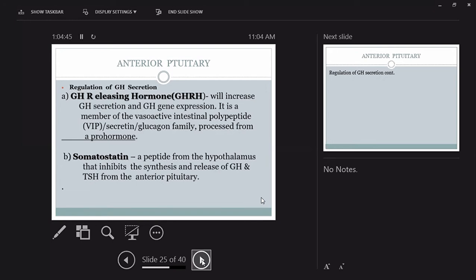Somatostatin is a peptide from the hypothalamus that inhibits the synthesis and release of growth hormone, and TSH, thyroid stimulating hormone, from the anterior pituitary.